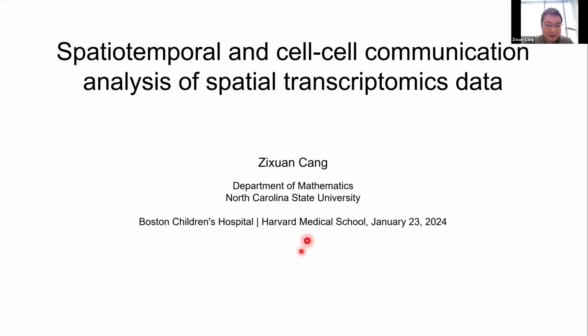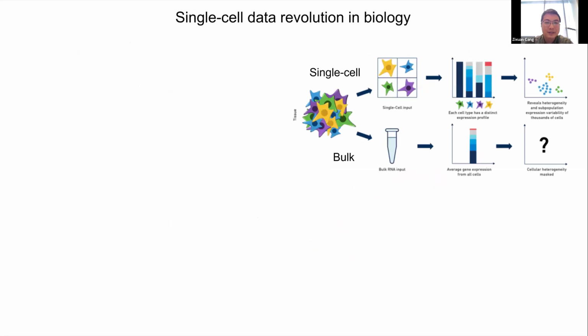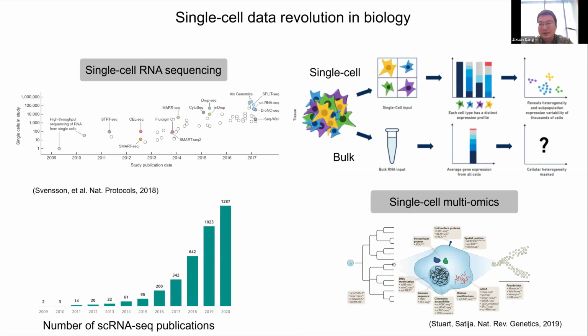Okay, so I guess I can skip this introduction to single cell biology. Recently, after single cell RNA-seq, people have extended along the direction of omics. There are multi-omics now, considering, for example, proteomics and ATAC-seq.